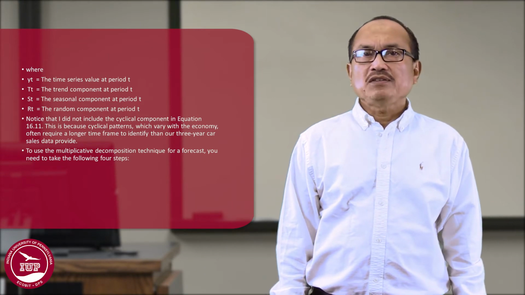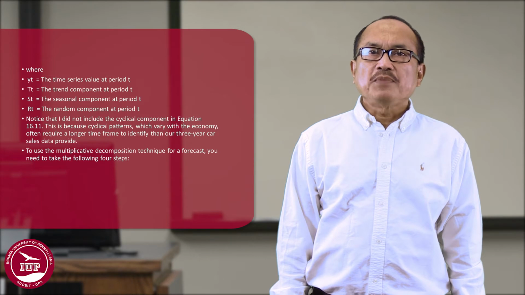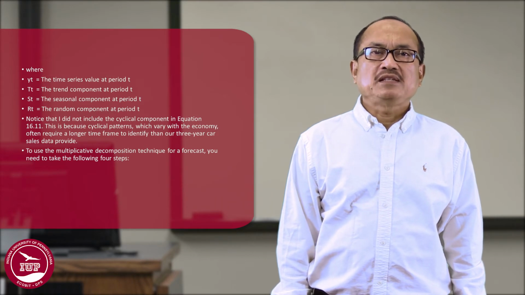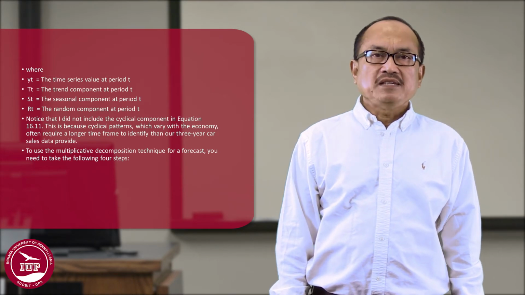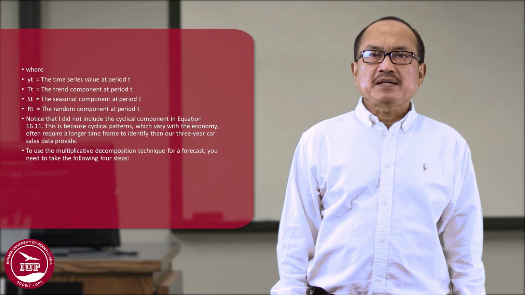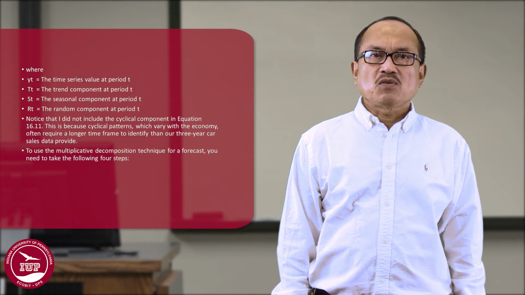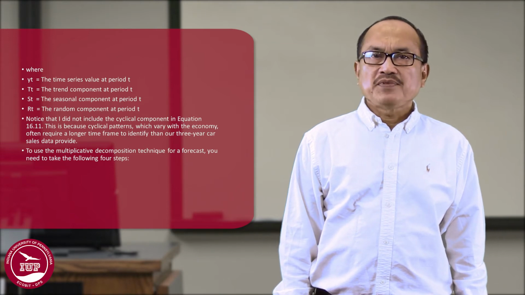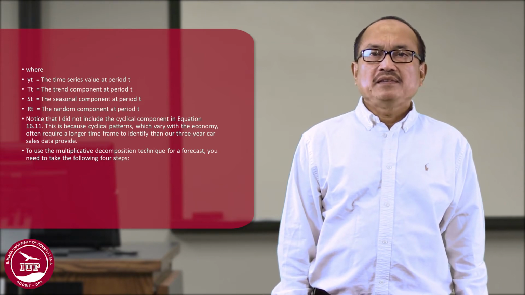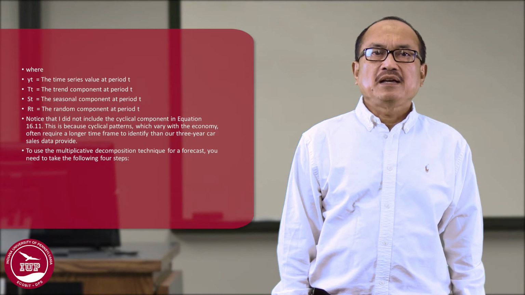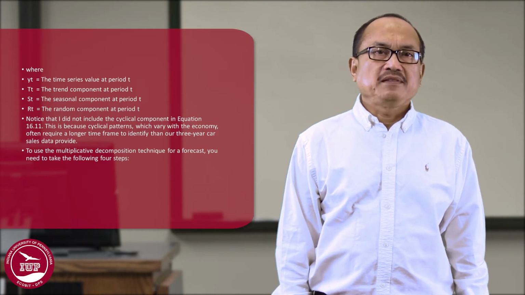Notice that I did not include the cyclical component in equation 16.11. This is because cyclical patterns, which vary with the economy, often require a longer time frame to identify than our 3-year car sales data provide.